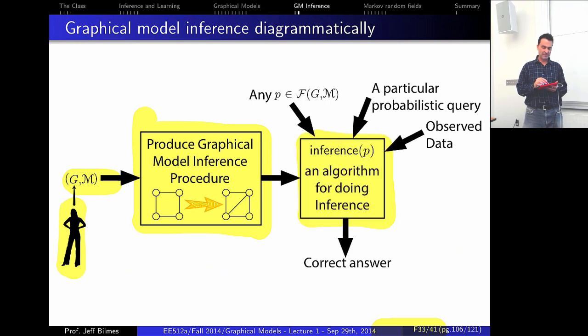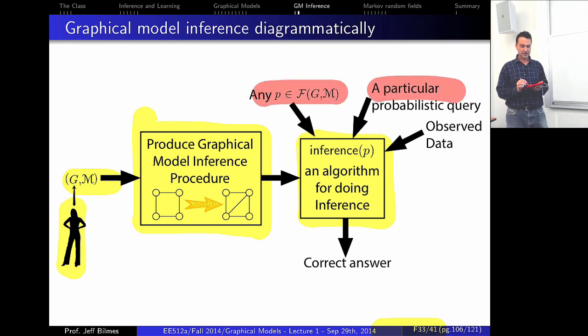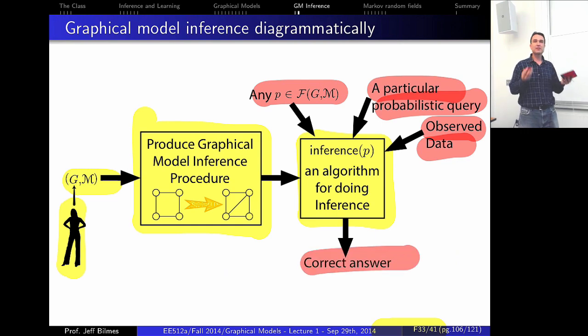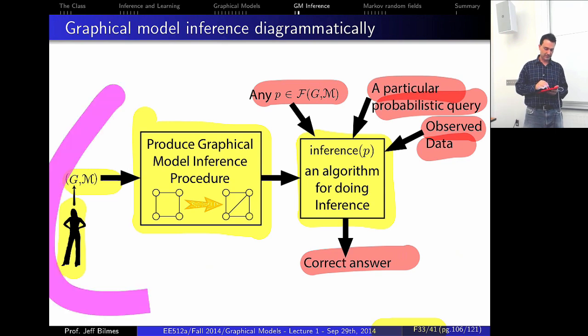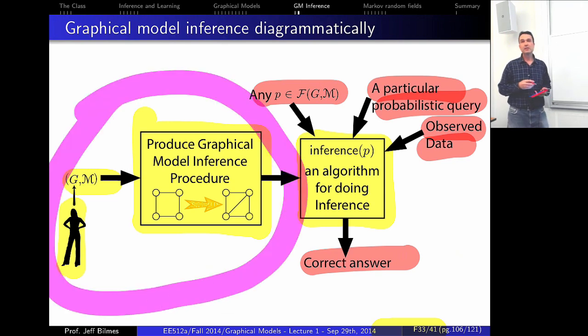And then we have some member of the family come in, right? And maybe we have a particular probabilistic query and some data, and hopefully, we get the correct answer. So this is the idea of the amortization, that this process here is done without ever looking at any particular distribution. And like I said, this makes this idea very, very powerful and useful in many machine learning contexts.